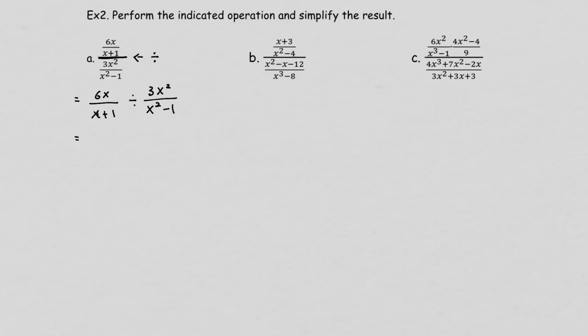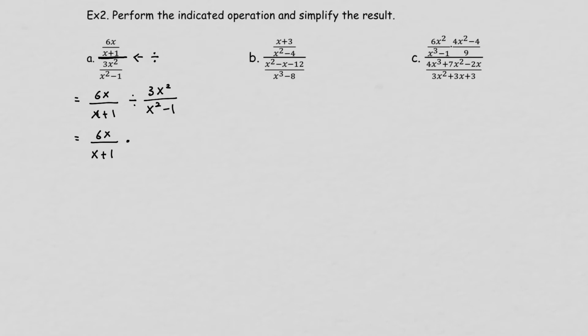So this division is the same thing as fractions with a division sign. Change to multiplication, flip the second fraction. Maybe at the same time I can factor it, so that I don't have to keep writing the same thing over and over.